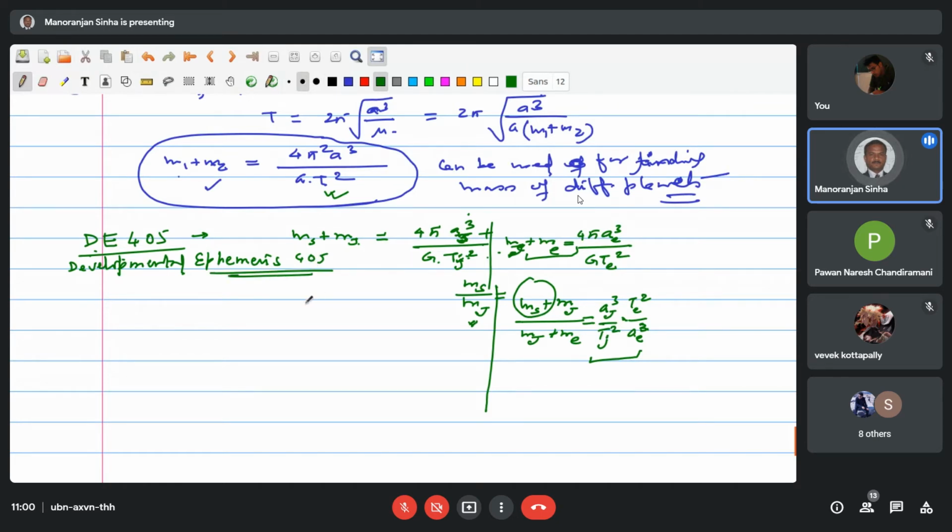This is a set of data provided by NASA, which is developed by observing various satellites through radar. And then NASA also provides a JPL ephemeris program. Using this program, you can predict the position of any planet within a meter of accuracy.